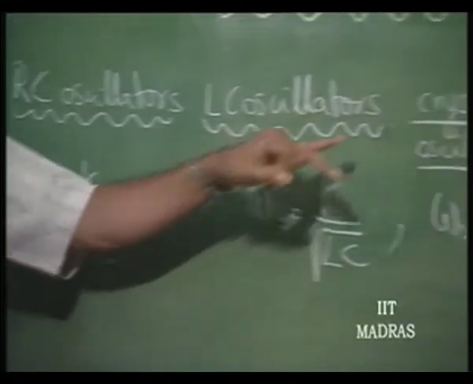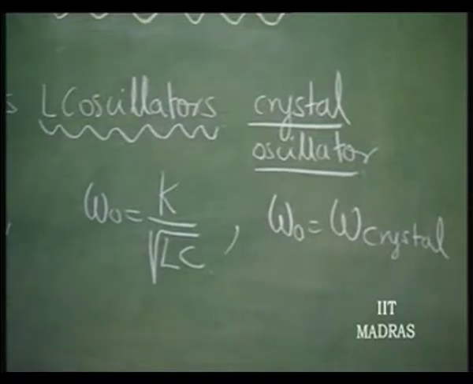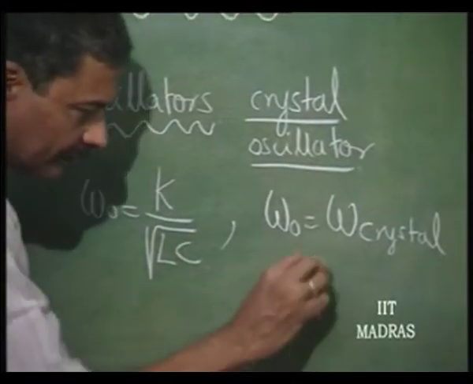And crystal oscillator, we just mentioned at the end of the last class that the crystal can replace an LC circuit, because basically a crystal is a combination of series resonance and parallel resonance circuit.